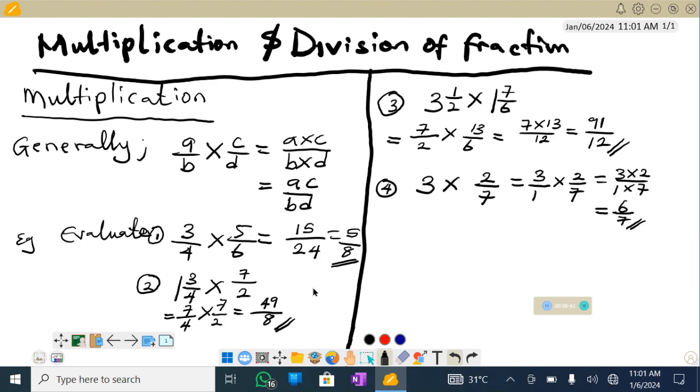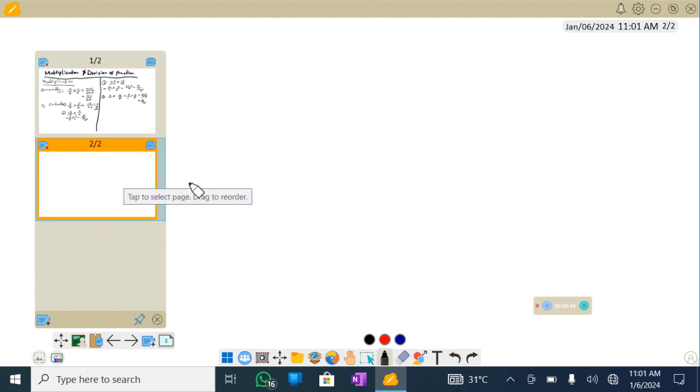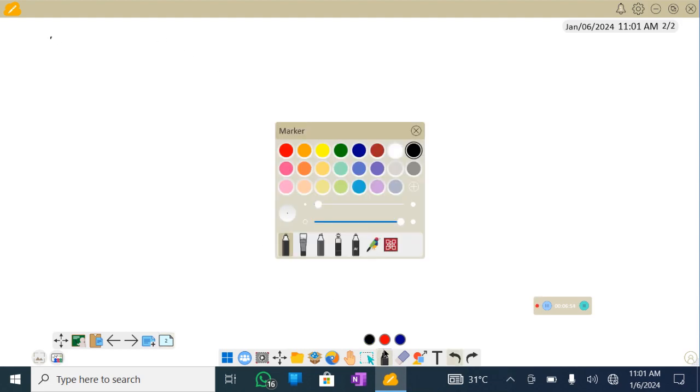So let's move to page 2 to deal with division of fractions. Let's create our page 2. So let's use another color this time around. Let's look at division of fractions.